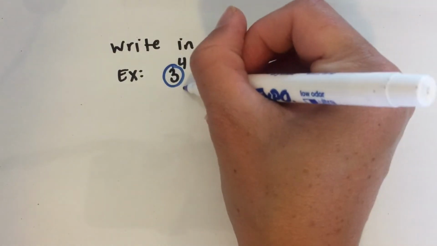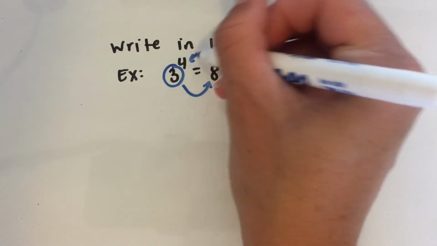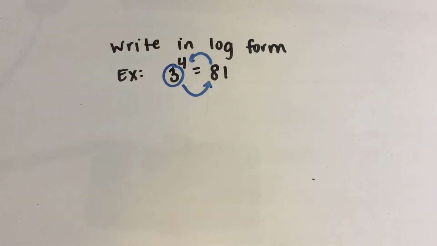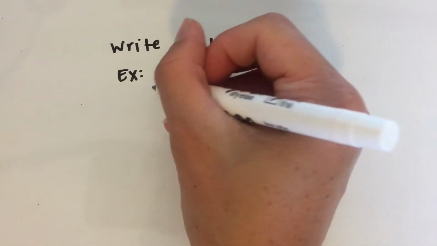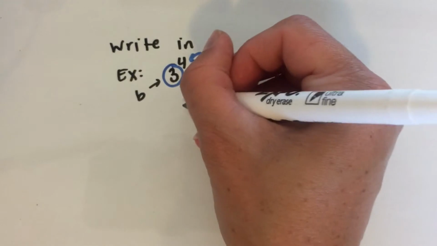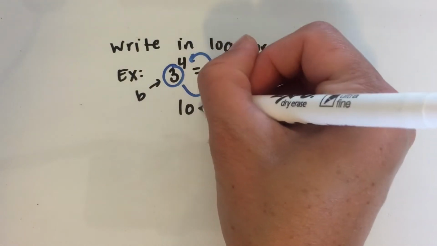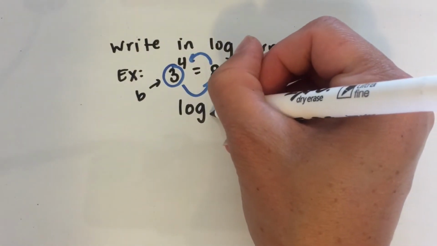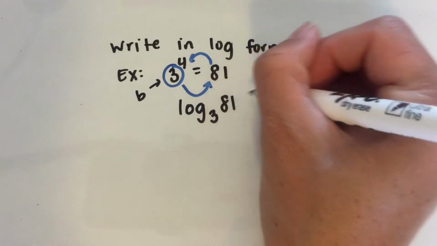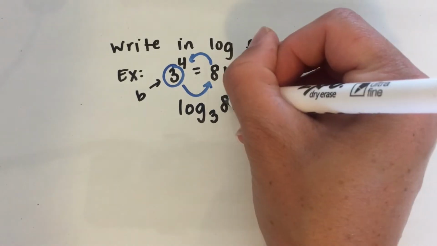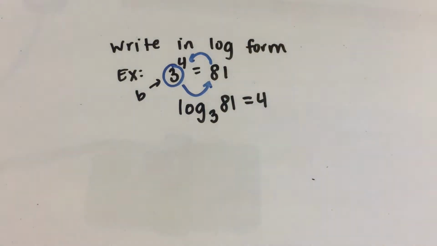My 3 is going to be my b value. So I'm going to take log base 3 of 81, and set it equal to 4. So you kind of go in a counterclockwise direction starting from the base.